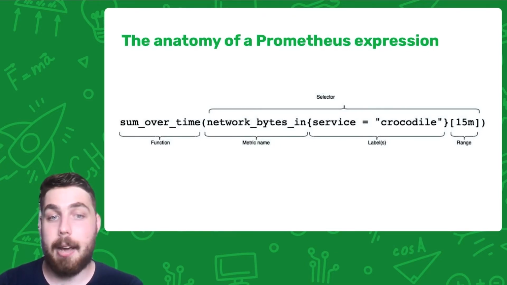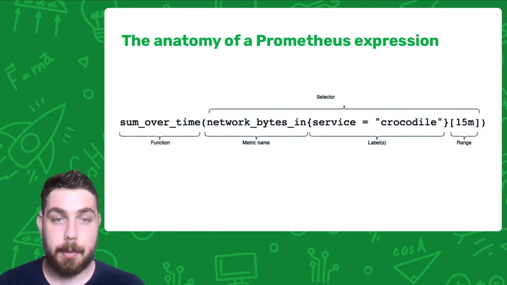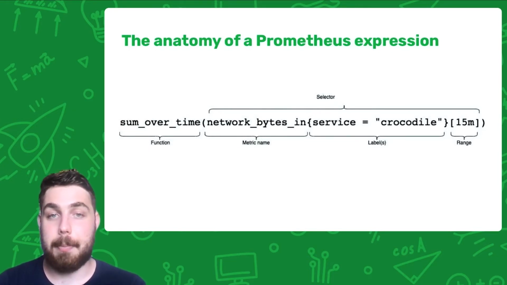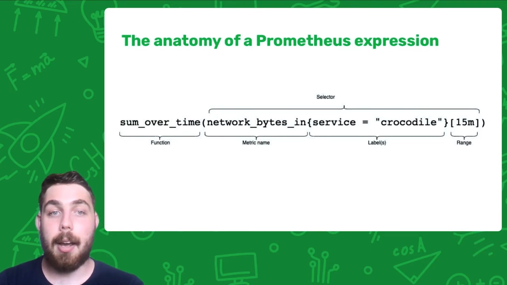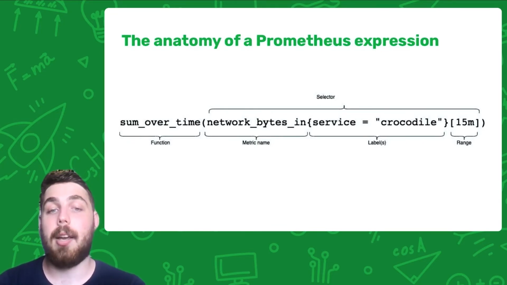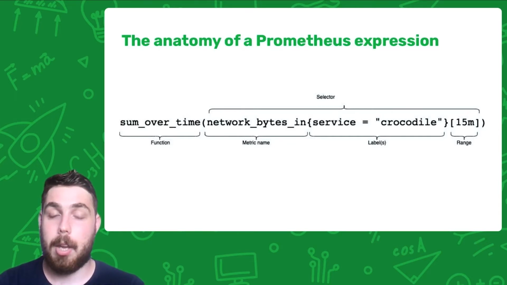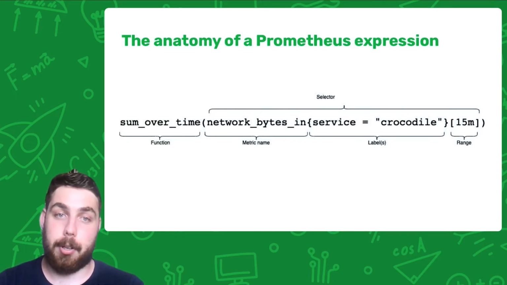It must have a metric name, in this case, network bytes in. And then it can optionally have some labels and a range. So in this case, we're filtering the metric down to the service crocodile, and then looking at a range of 15 minutes. And because it has this range, we refer to it as a range vector. If it didn't have the range, it would be an instant vector. So we want to know when these selectors are not being exported.